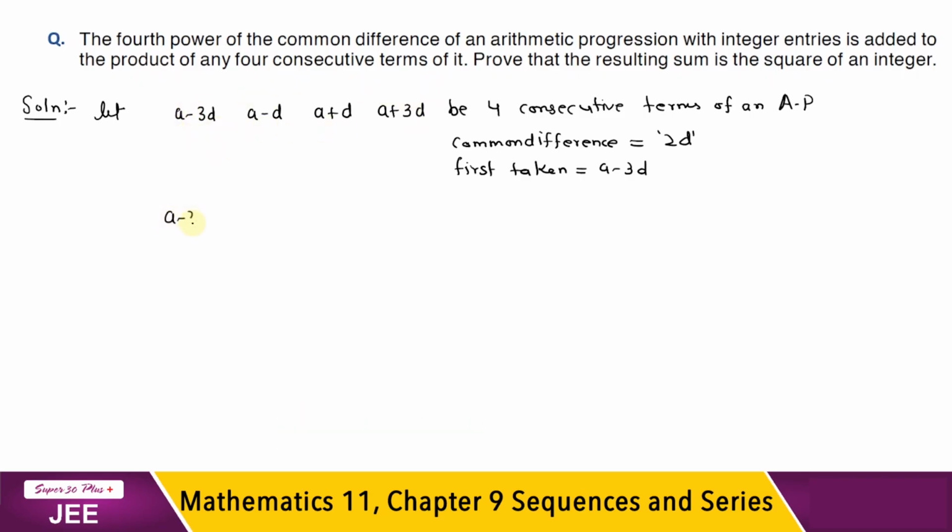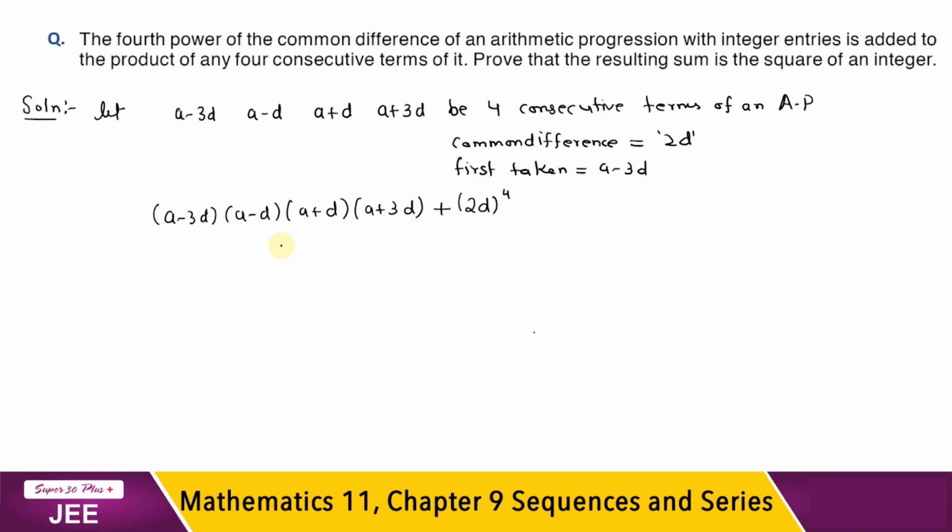So upon multiplication, this gives us (a minus 3d) multiplied by (a minus d) multiplied by (a plus d), which is further multiplied by (a plus 3d). And the fourth power of the common difference is being added to this quantity. So the fourth power of the common difference means 2d raised to the power 4. And now we have to prove that the resulting sum is the square of an integer.